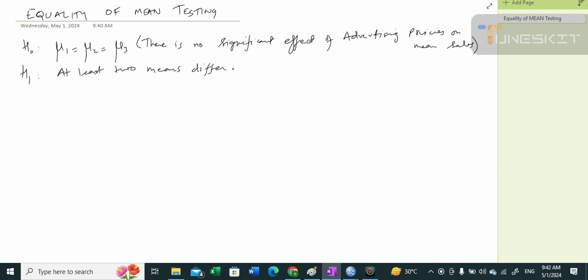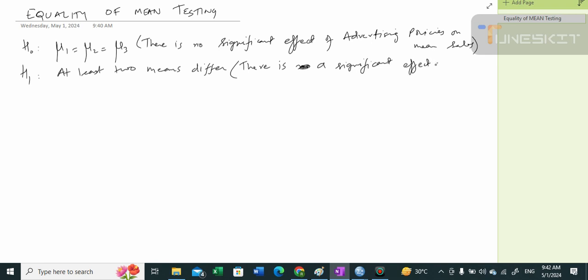It covers all possibilities. And in terms of a qualitative statement reflecting the question we are dealing with, there is a significant effect of advertising policies on mean sales.